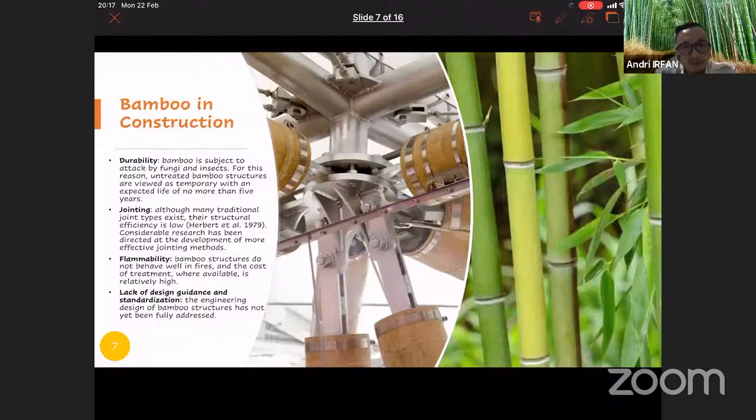Flammability. Bamboo structures do not behave well in fires, and the cost of treatment, where available, is relatively high. It is a problem. And the last, lack of design guidance and standardization. The engineering design of bamboo structures has not yet been fully addressed.